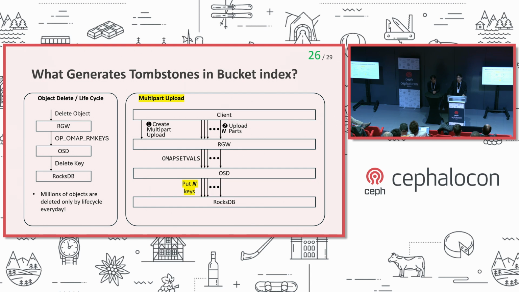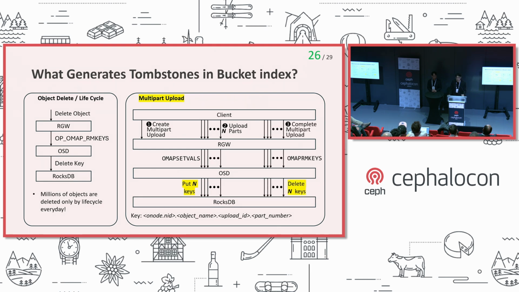These keys are written with the format onode.nid plus object name plus upload ID and part number. When the client sends a complete multi-part upload request, all the keys written during the part upload are deleted. During our analysis, we observed cases where a large number of tombstones accumulated under a single prefix as a result of multi-part uploads.